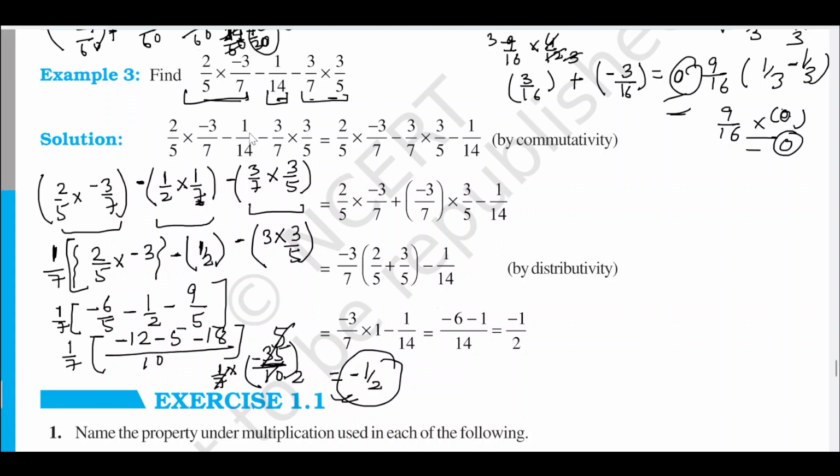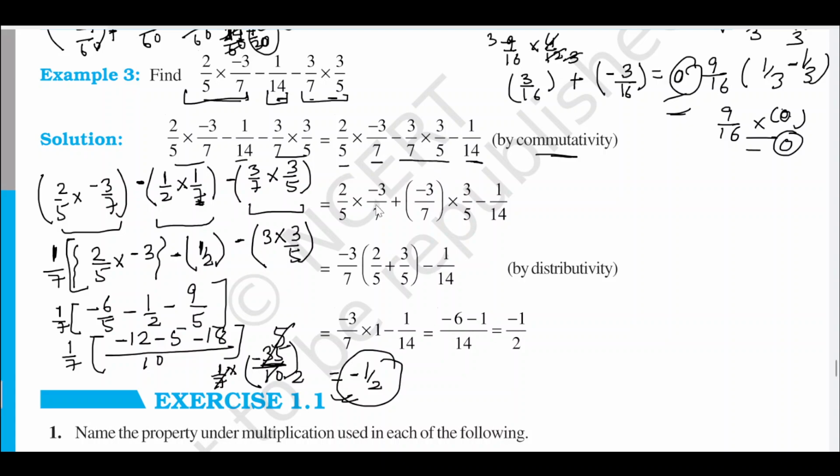Now we will see what the book has done in this solution. Okay, this was one term, this was another term, this was the third term. Okay, so by using the commutative property, it has shifted 1 by 14 here and 2 by 5 into 3 by 7, and this term it has shifted here.